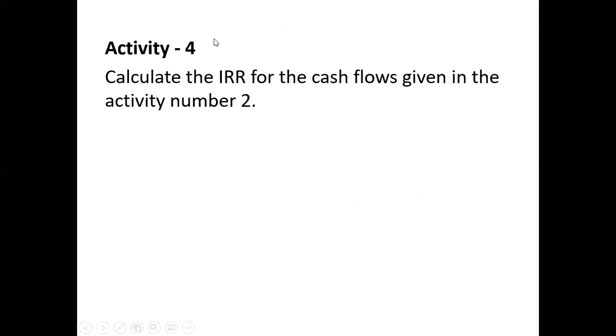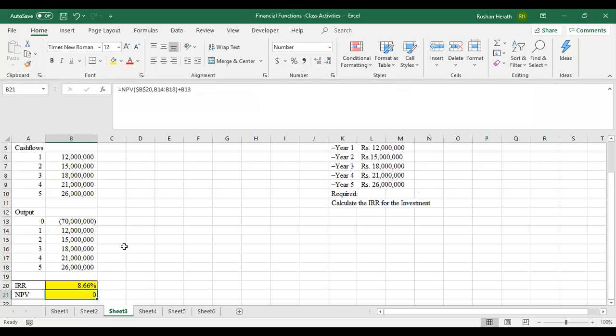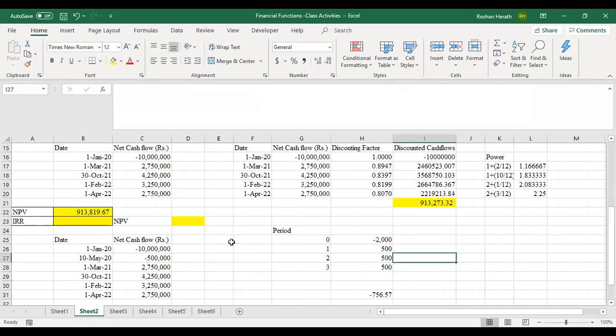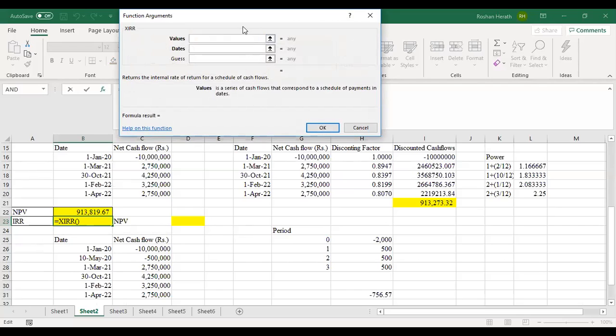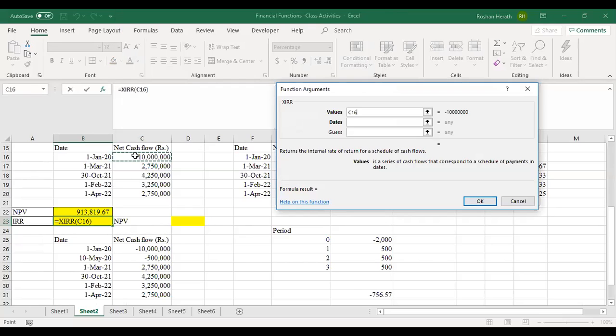Then just to show you the activity we had discussed extensively, that was the second activity. In that, you could compute the IRR. You may take this XIRR and give the values and the corresponding dates.